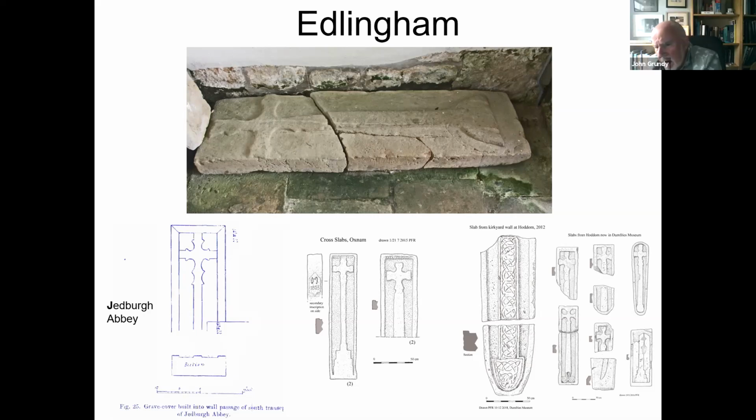But recently, they found another slab there, which is drawn second from the right, which has got single line interlace on it. Now that tallies with stones from both Holy Island and from Whithorn, which are probably 8th century. So I suspect all these cross slabs are quite early Saxon work.